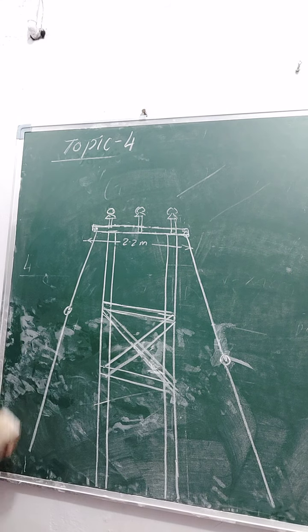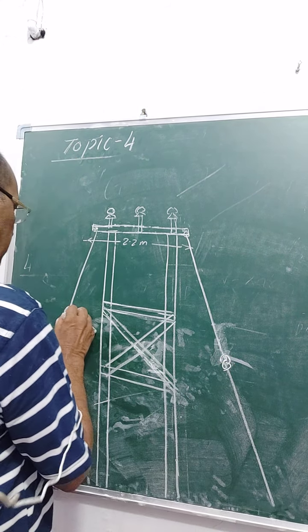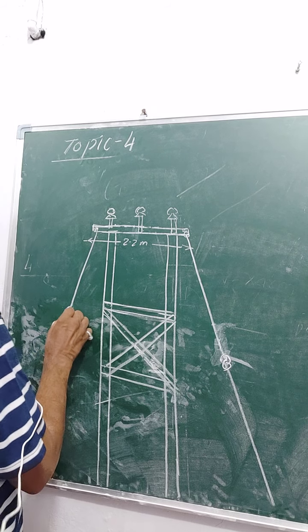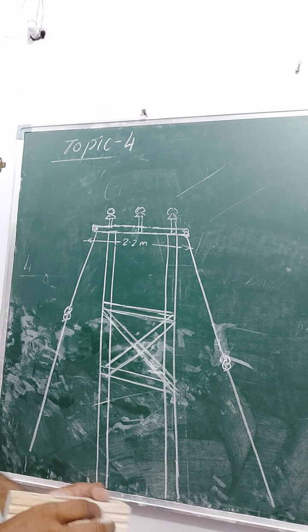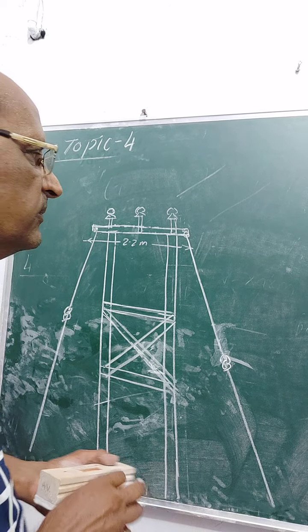This is the DP structure. So these are all about the major materials of HT lines, and hardware we will discuss. A number of things will be there in hardware. So overall about 15 to 20 items will be there in the estimate of an HT line.